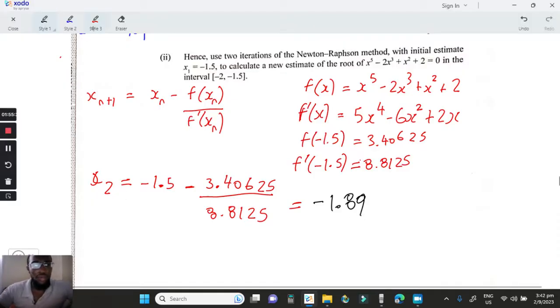When we get negative 1.89, we need a third approximation of the root. So first thing we need to evaluate now is f of negative 1.89. Now I'm just going to put it back in the original formula.